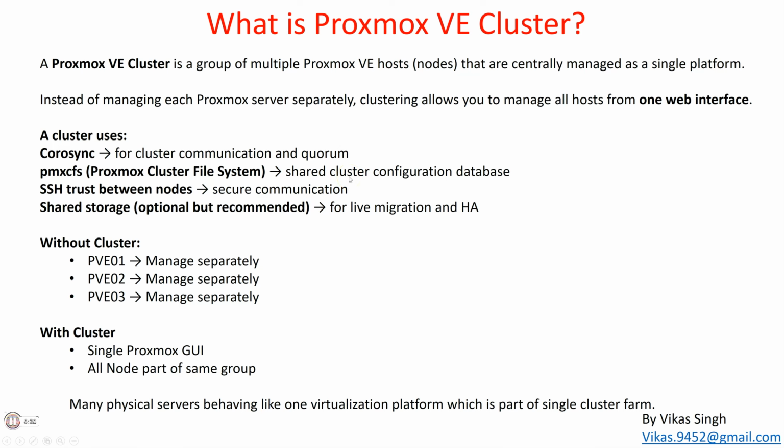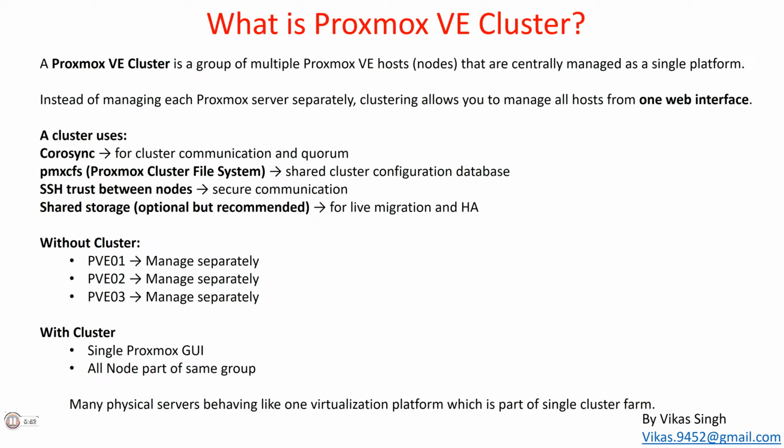So before we do the step-by-step implementation of the 3 node cluster creation, let's understand the basics behind a cluster and what a Proxmox VE cluster is. A Proxmox VE cluster is a group of multiple Proxmox VE hosts, also called nodes, that are centrally managed via a single platform.